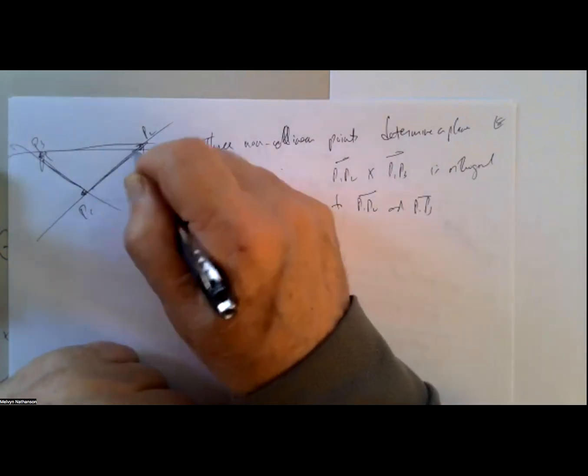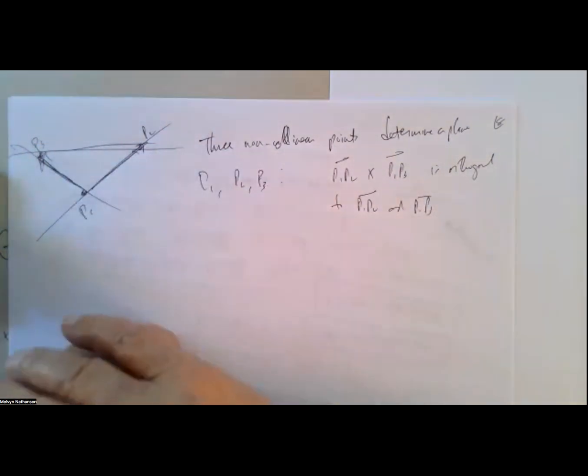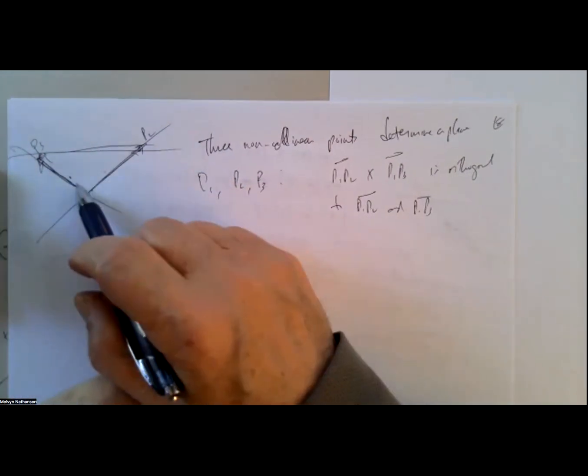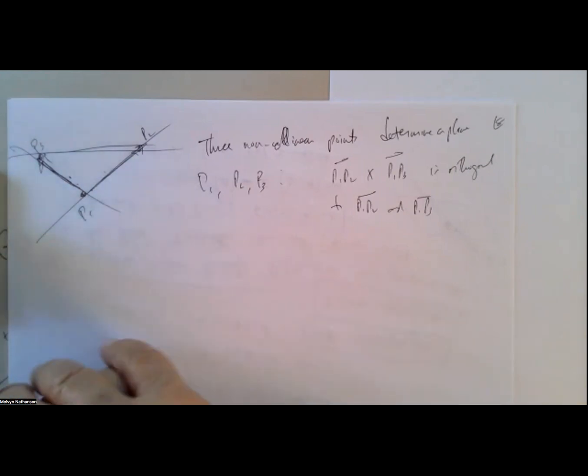That is, I have these vectors in my plane. The normal vector is perpendicular to both of them. How do I find something perpendicular to 2 vectors? You take the cross product.